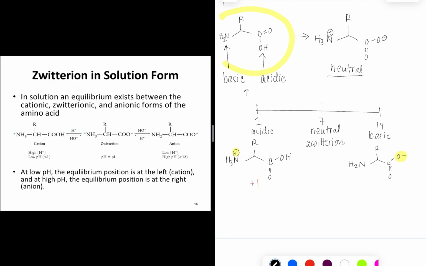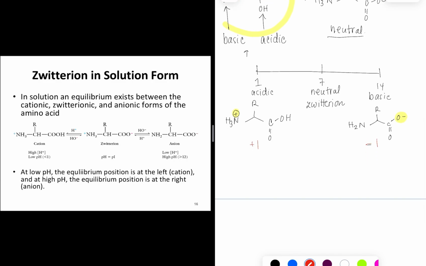So overall, this is going to have a -1 charge. Depending on what pH you're in, you're going to have one of these three forms. You're either going to have the protonated form in acidic solution, or you'll have the neutral form, the zwitterion, in neutral solution, or if you're in a basic solution, you might have a -1 charge.